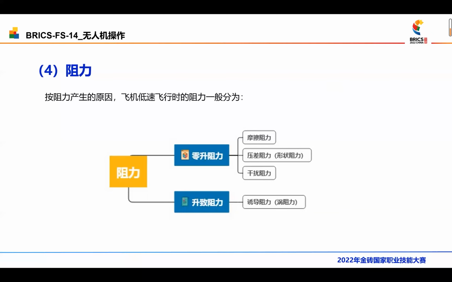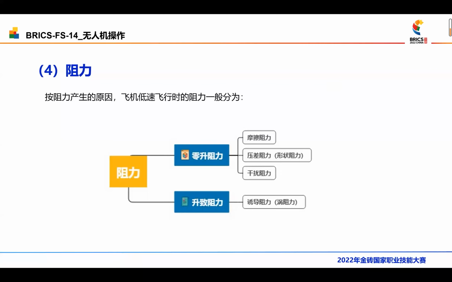Zero lift resistance is the resistance that does not generate lift, and the lift resistance is the resistance caused by the generation of lift.